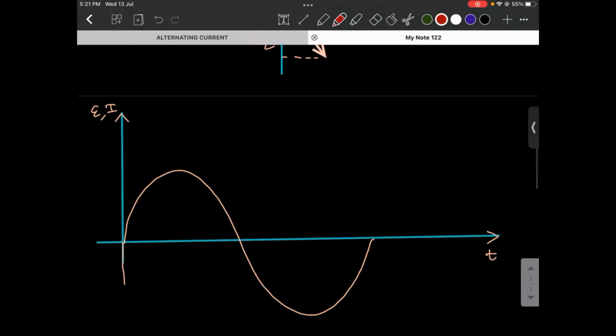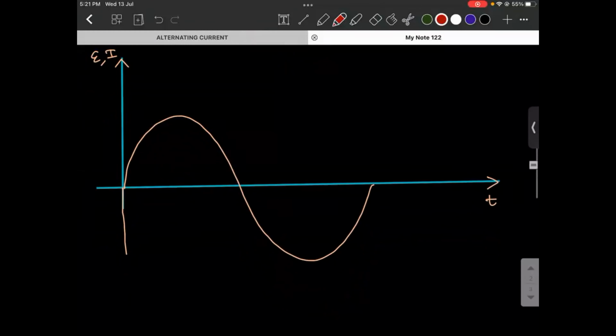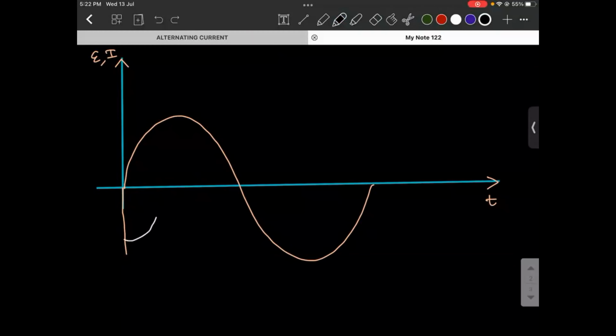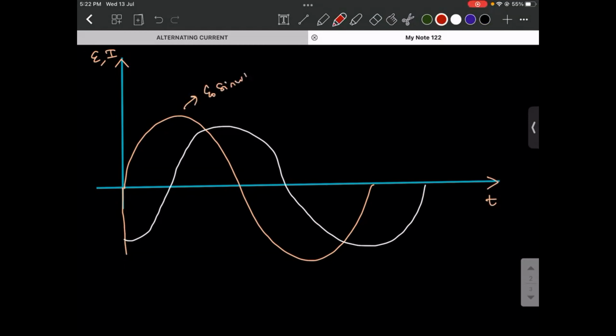Means when the EMF is maximum, current will be least. So it starts here. So this is the graph for E naught sine omega t, and this is the graph for I naught sine of omega t minus pi by 2.